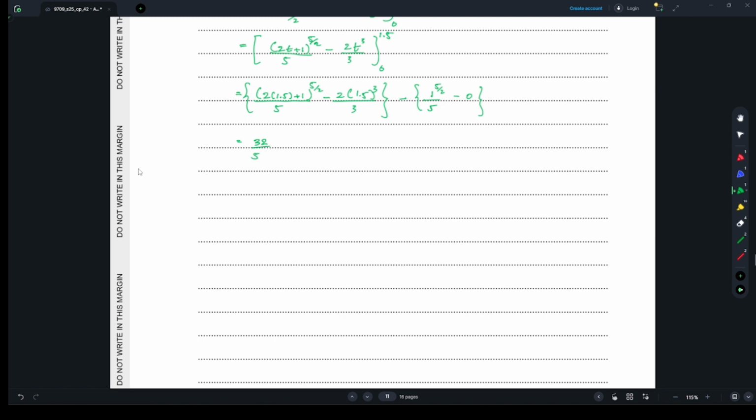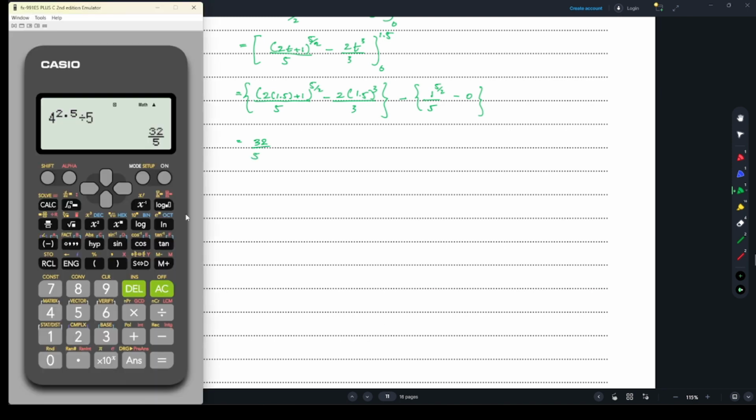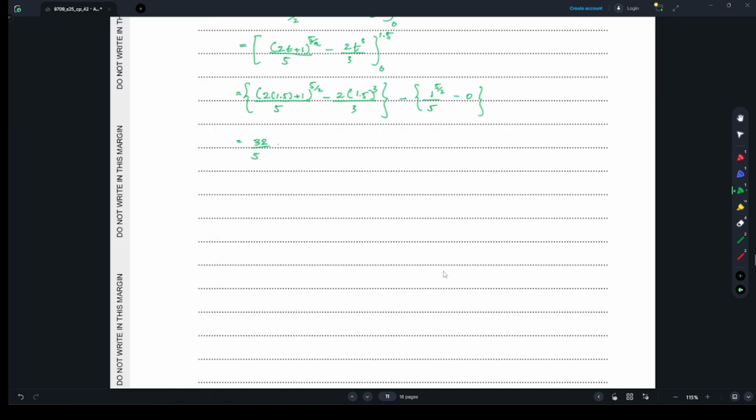And here we have 2 times 1.5 to the power 3 divided by 3, which is 9 over 4, so it is minus 9 over 4. Here 1 to the power 5 over 2 means 1, so minus 1 over 5.